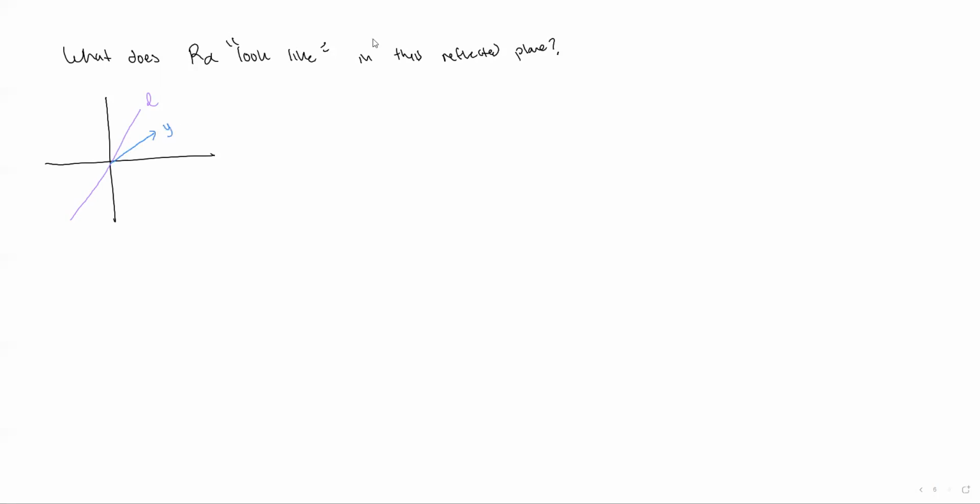So this is where the Y vector goes. This is where the X vector is. And now let's say I apply R alpha. So what will happen? Purple line. And then my basis vectors will rotate.